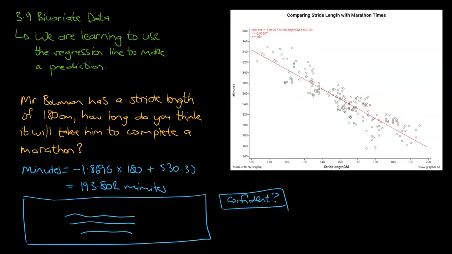And if you've seen me in class, I like my burgers and my pies. I'm clearly not a marathon runner. So it's highly doubtful that I will be doing a marathon run in that time. The context of the scenario is a little bit different. This is a prediction for marathon runners. It would be unwise to use this information to predict for someone who is not a marathon runner. That's something you could talk about for your prediction, whether you are confident or not.